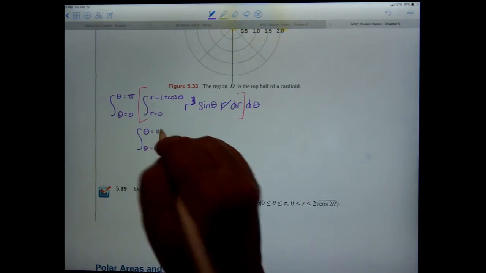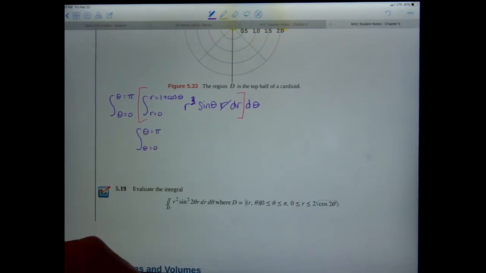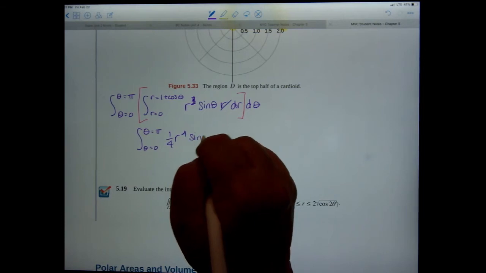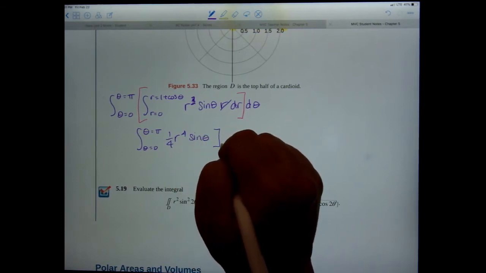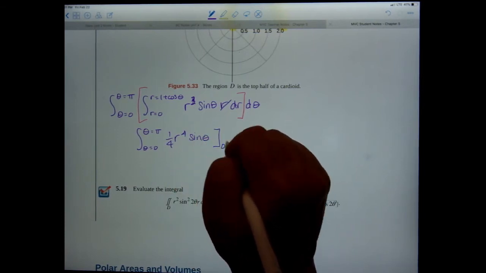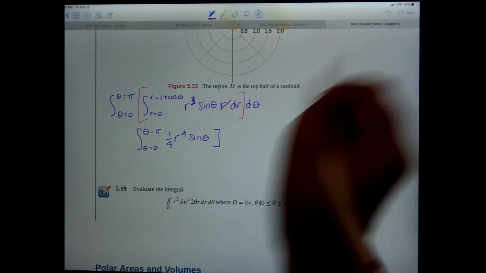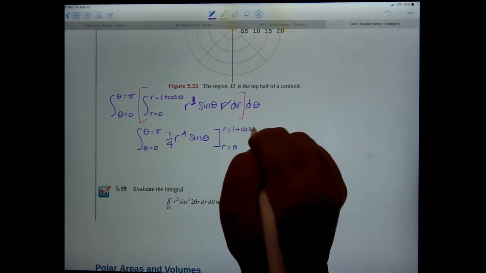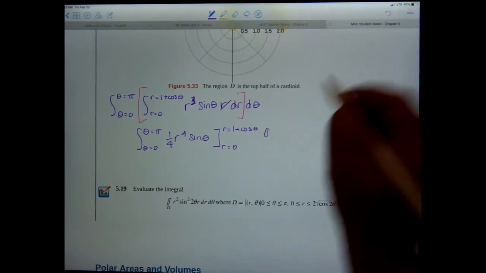What's the antiderivative of r cubed sine theta dr? 1/4 r to the fourth sine theta from, wait, from r equals 0 to r equals 1 plus cosine theta. I like keeping those on there for now to remind me what I'm plugging in for.